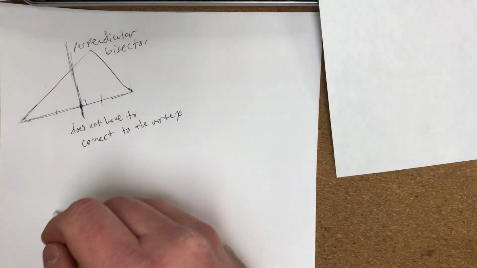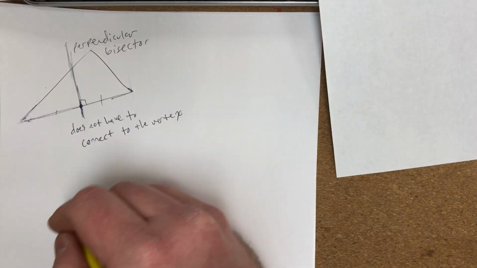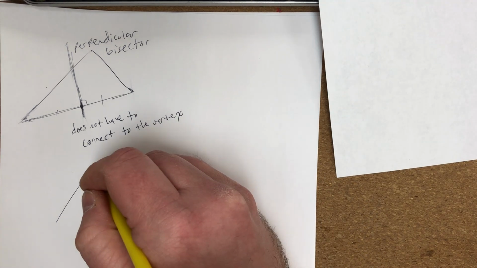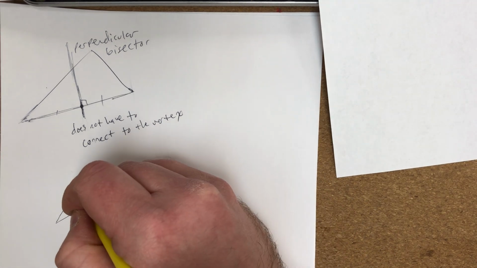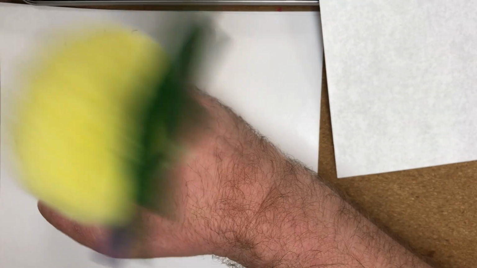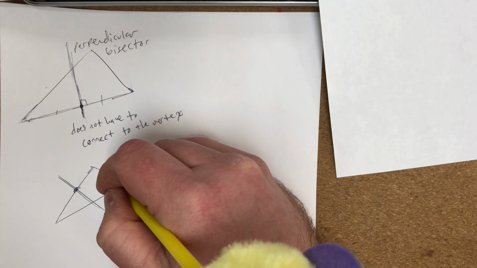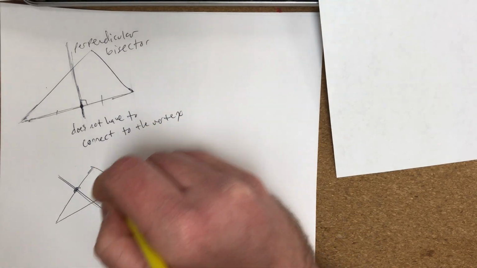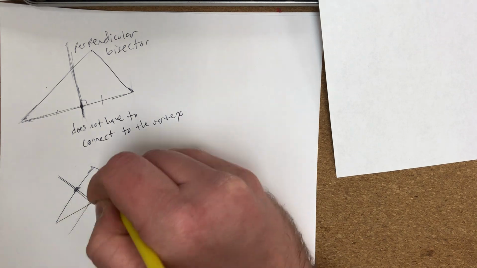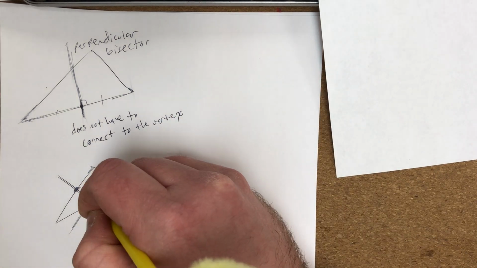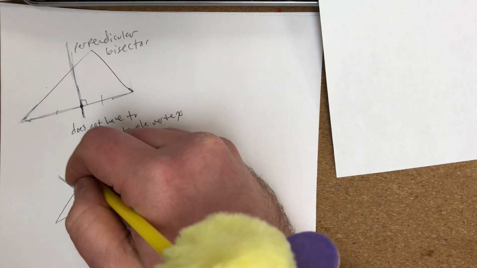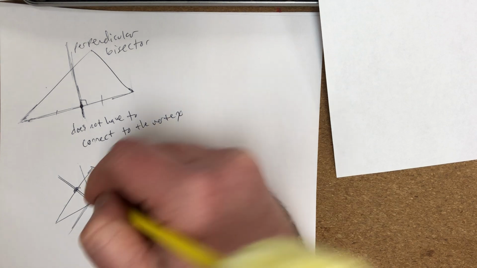So what happens if we connect all the perpendicular bisectors? So I'll just draw some random triangle and I'll find the halfway point, draw my best at a right angle there, find the halfway point, draw my best at a right angle right there, find the halfway point. Okay, so I missed by a little bit because it's going to be somewhere, it's probably like right here.